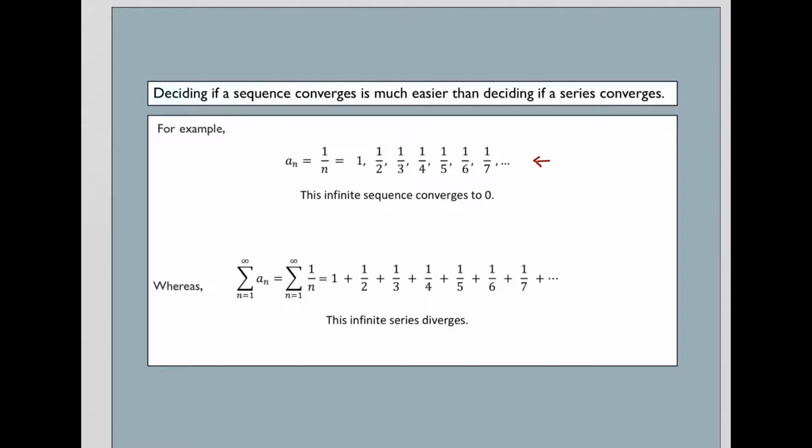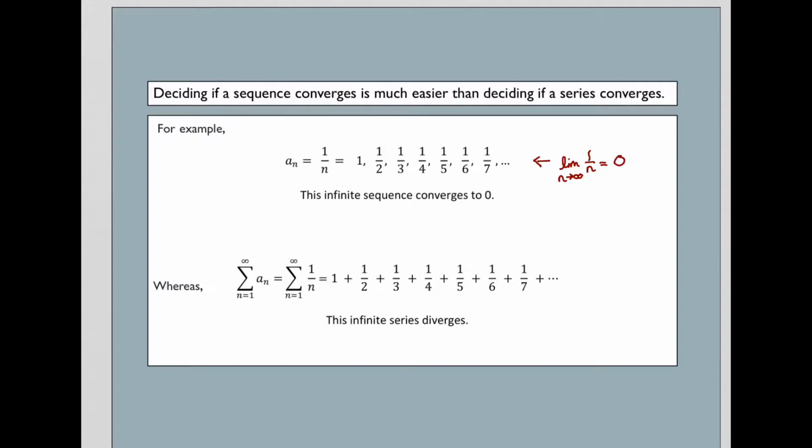If you recall, how do we find whether a sequence converges or diverges? Well, we take a limit as n goes to infinity. So if we were to take the limit as n goes to infinity of 1 over n, that's just the finite number 0. Because our limit is a finite limit, we say that the sequence converges, and it converges to the limit of 0.